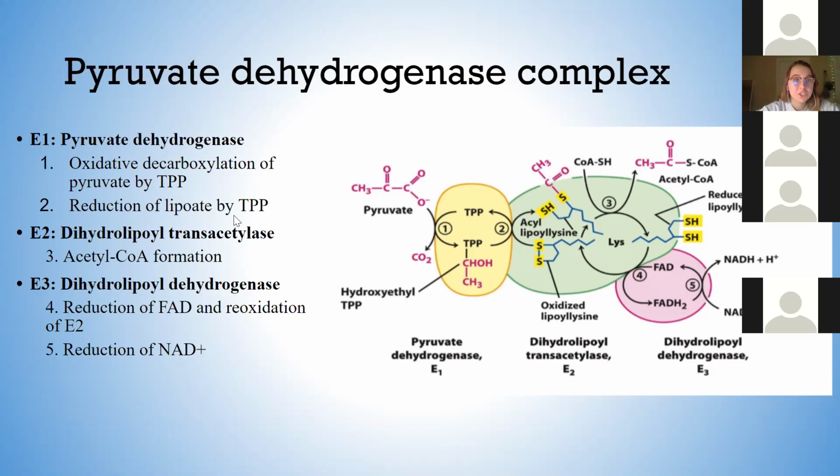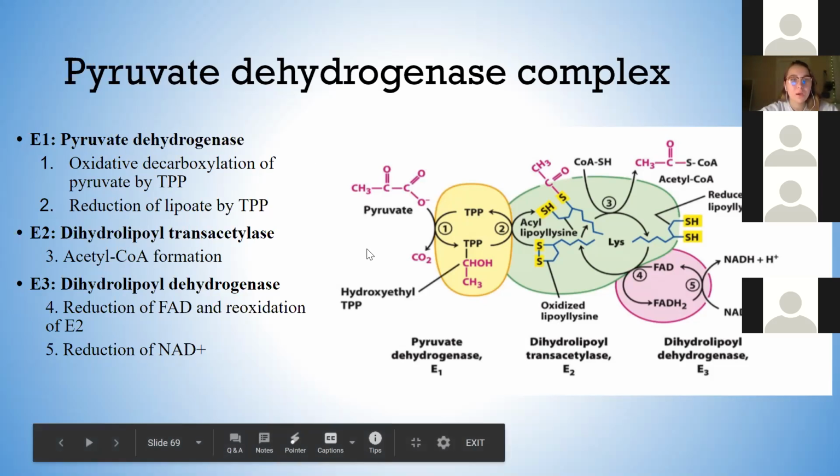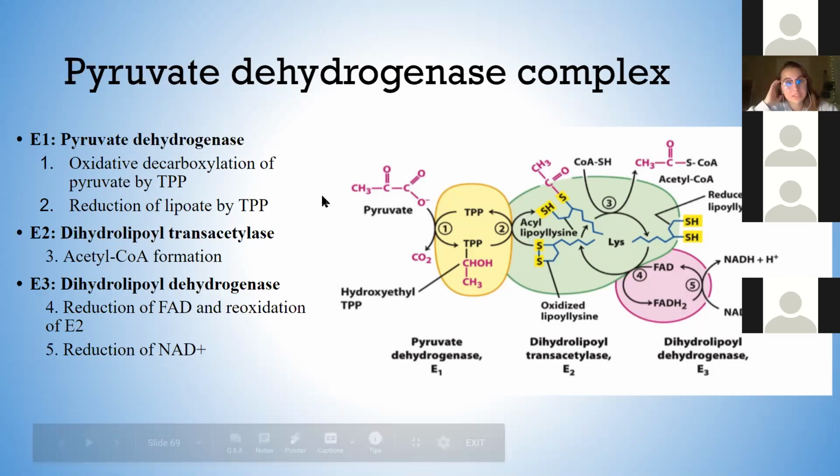And in addition, we are going to be reducing lipoate by using our TPP molecule. In our E2 subunit, which is also called the dihydrolipoyl transacetylase, we are going to be forming our acetyl-CoA at this subunit.